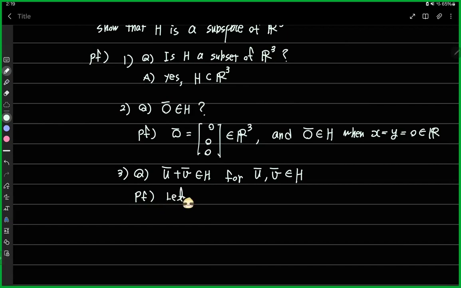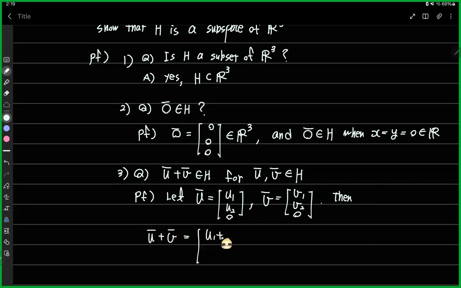So let's say vector u is equal to u1, u2, 0, and vector v is equal to v1, v2, 0. Then u plus v is equal to u1 plus v1, u2 plus v2, and then 0 plus 0 is 0. And this belongs to H because u1 plus v1 is in R, and u2 plus v2 is in R.